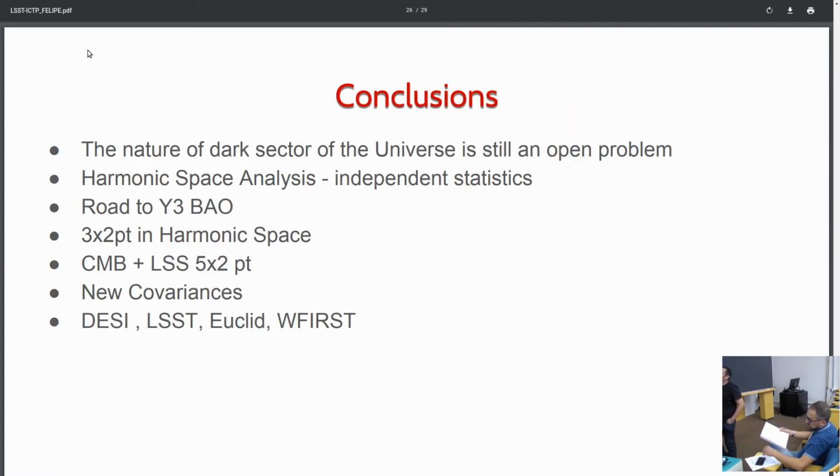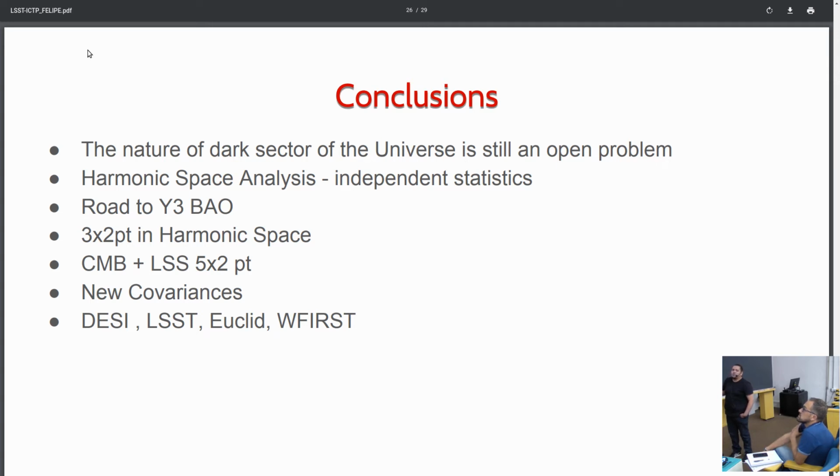So the nature of the dark sector of the universe is still an open problem. Of course, lambda seems a more urgent problem than cold dark matter. We are working on the harmonic space analysis, which introduces a lot of new statistics and biases and other independent statistics from the configuration space.